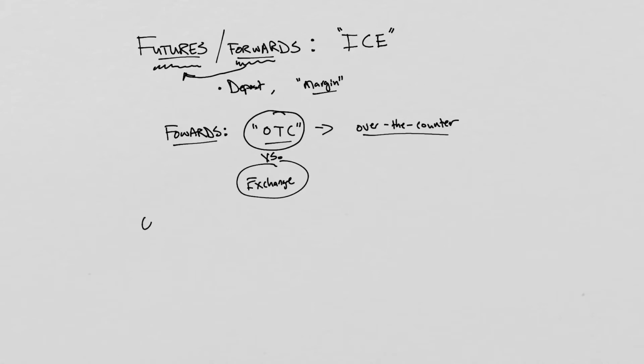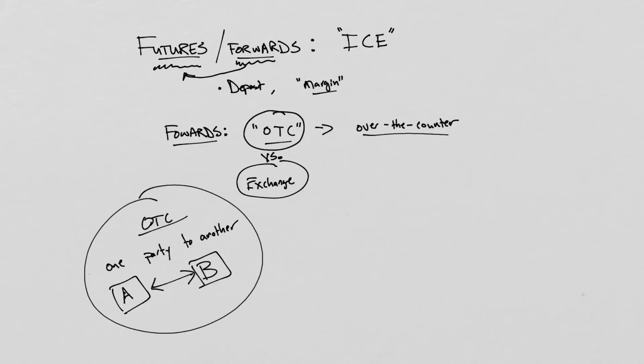Whereas over-the-counter contracts are traded one party to another, exchange traded contracts occur in a centralized location. There's an exchange like NYSE or CBOE for options, and all the parties don't interact with each other, not directly at least. They go to the exchange where all orders are centralized.